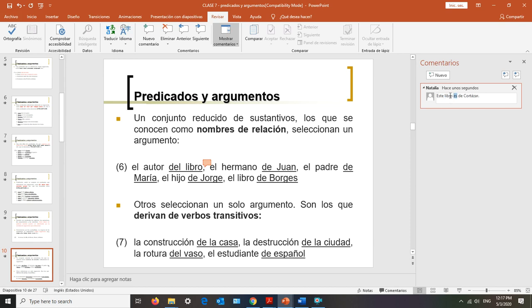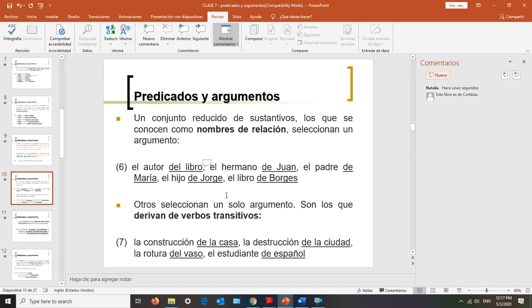It contains this non-verbal predicate, but at the same time, libro has a selection of arguments, in this case Cortázar, and we see the employment of the preposition so as for us to have a Spanish sentence, right? We cannot have "este libro es Cortázar." But the importance is not so much the sentence as such, but rather the idea that sometimes nouns have an argument structure of their own.